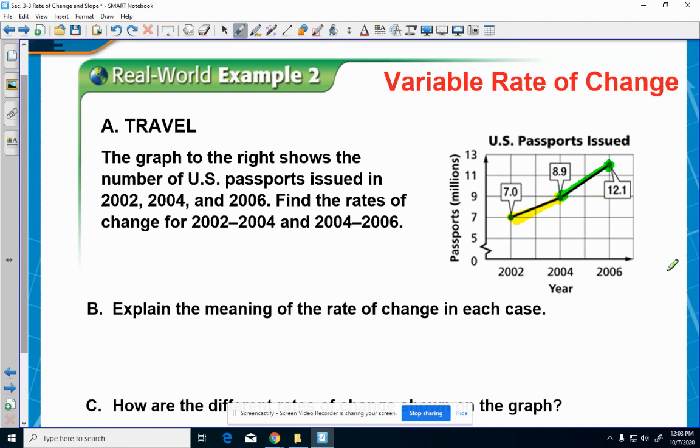So if you're going to look at that yellow one, what are the Y values in the yellow one? And the other one? Perfect. So do 8.9 minus 7. And then we're also going to subtract the X values from each other.